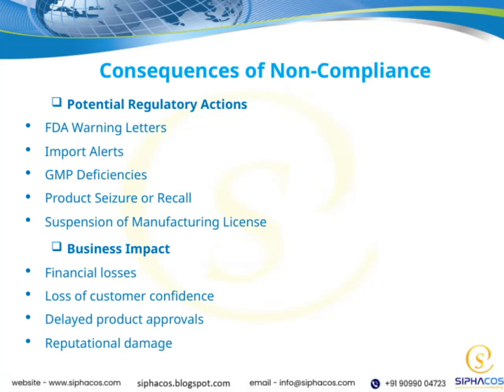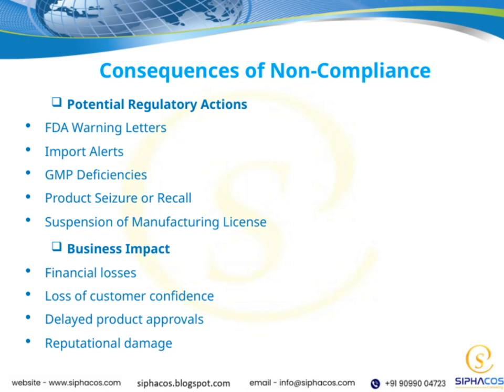Now, let's talk about the consequences of noncompliance. When a company fails to meet regulatory standards, the potential actions by authorities can be quite serious. For example, the FDA might issue warning letters, which serve as formal notices that certain violations need to be addressed. There can also be import alerts, which prevent products from entering the market until issues are resolved.